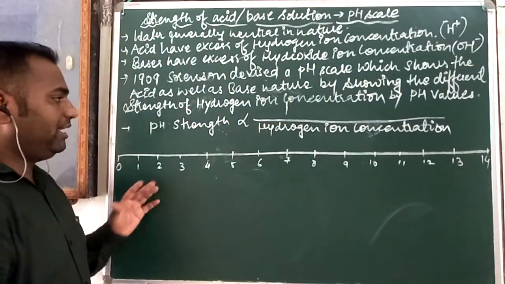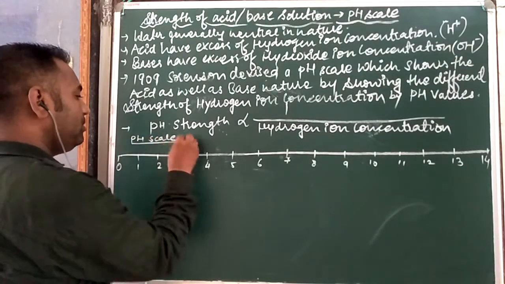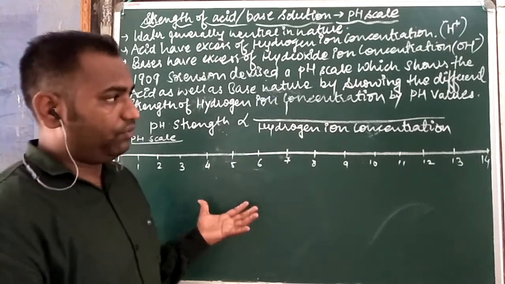This is our pH scale, which shows the different values of pH.